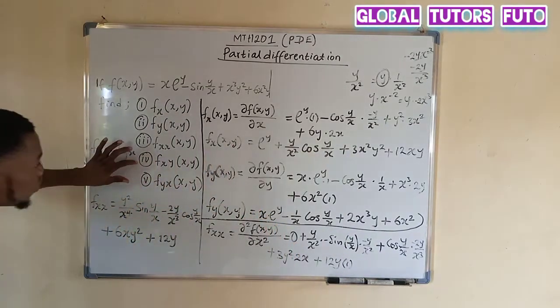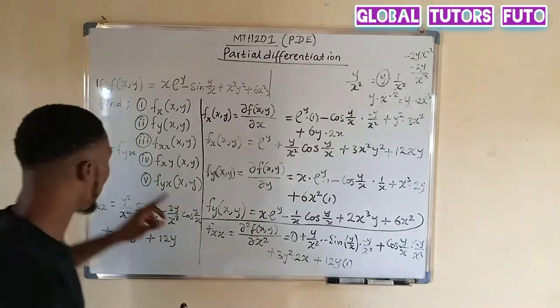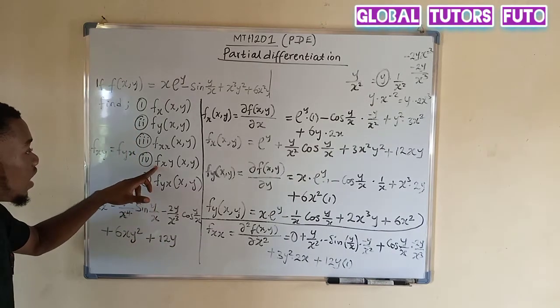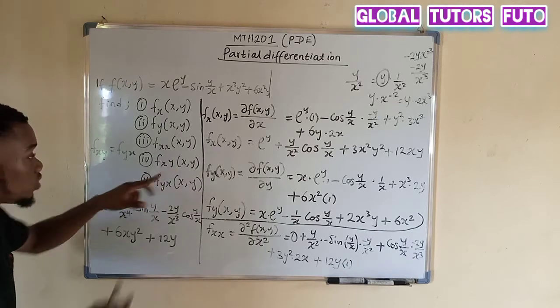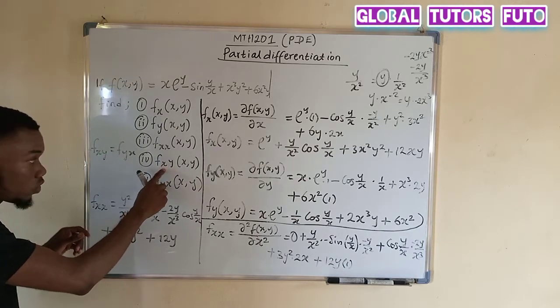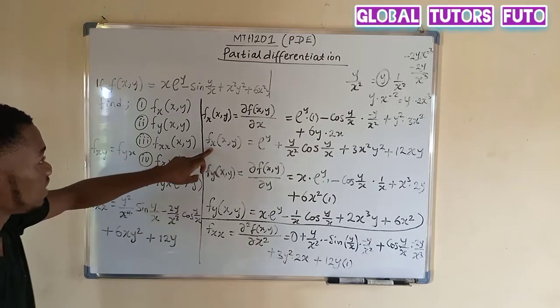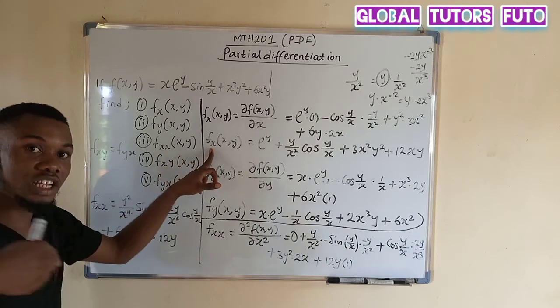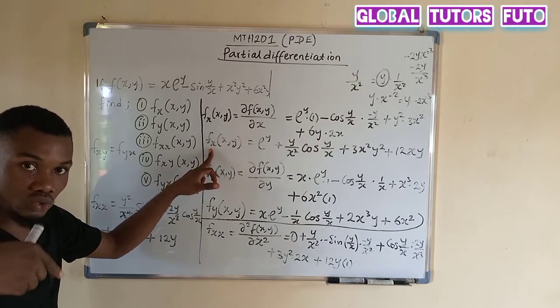So now we want to solve question number 4. Get this, that is f sub xy. We are going to differentiate f of x with respect to what? y. So here is our f of x. Now we're going to differentiate it partially with respect to y.